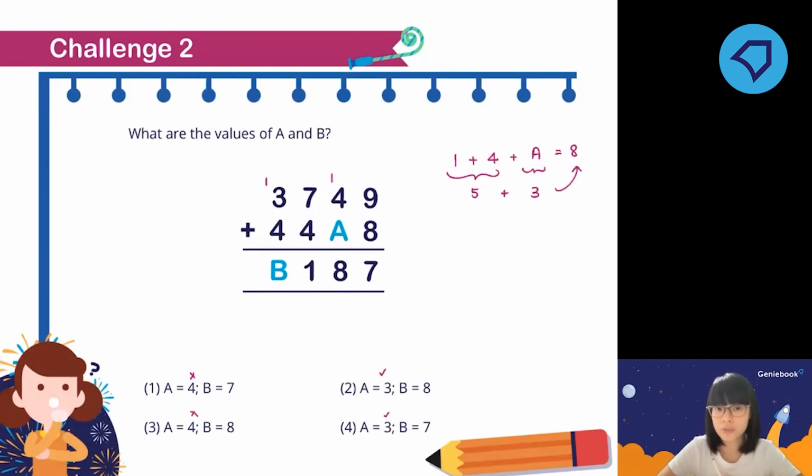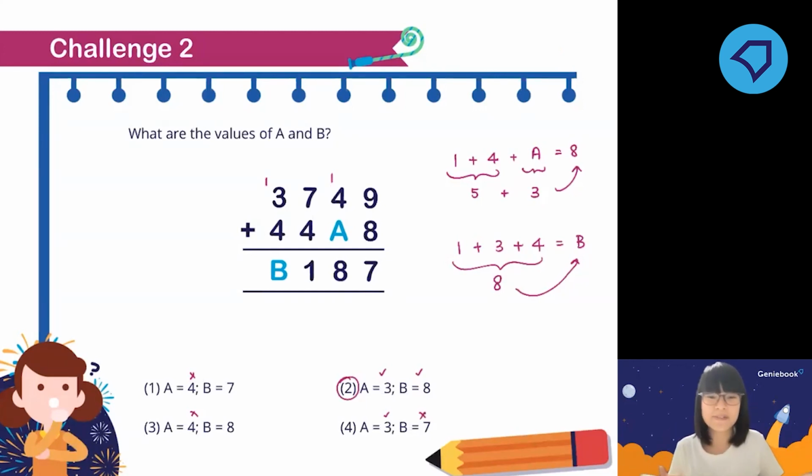Now, in order for me to find B, I need to take 1 plus 3 plus 4 equals to B. So I just need to add all of this together. 1 plus 3 is equal to 4. 4 plus 4 is equal to 8. So B is equal to 8. All right, so the answer would be option number 2. B cannot be 7. Ta-da! So this is how you find the value of A and B.